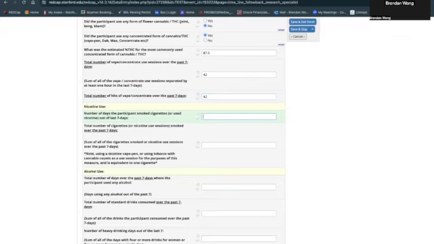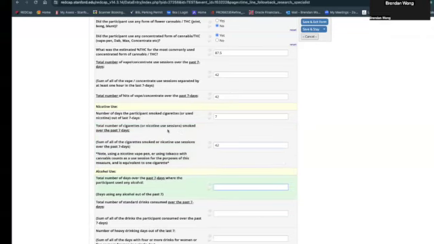In this case it was still 7 days in the last week that they used any type of nicotine. And then the total number of cigarettes smoked over the past 7 days. This is not per day, this is over all nicotine usage in the past week, and that was 42 as well.